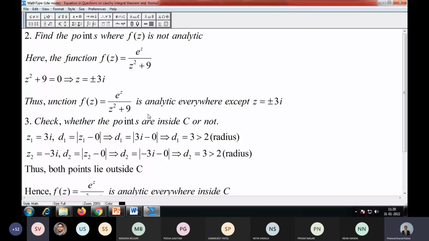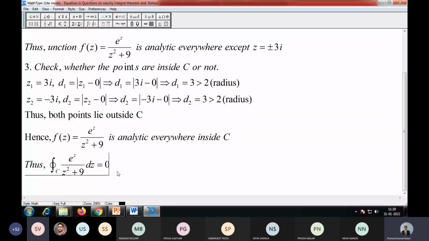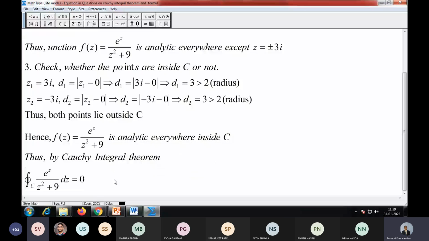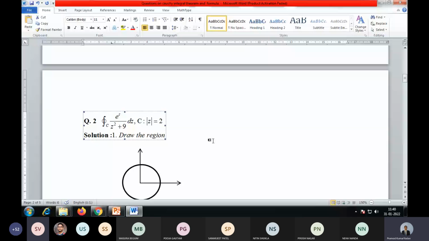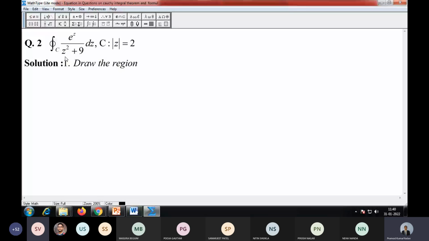After that, check whether the points lie inside or outside C. If outside C, it means f(z) is analytic everywhere inside C. So by Cauchy integral theorem, this integration will become 0. I hope you got the idea how to find the value of a complex integration.